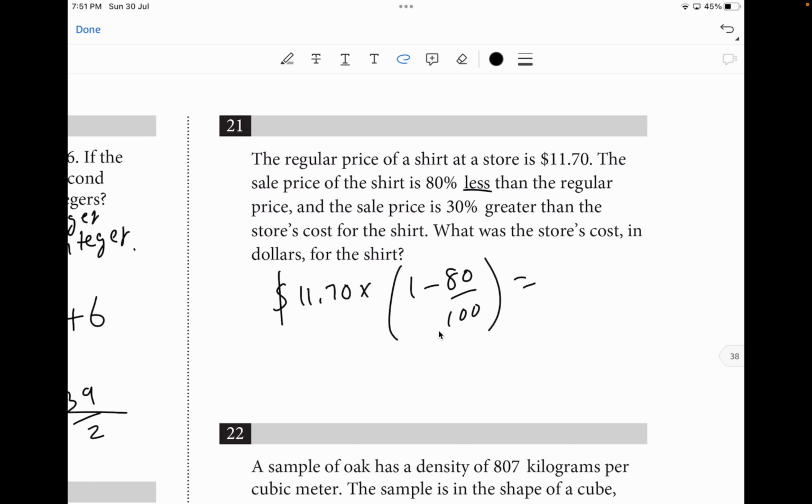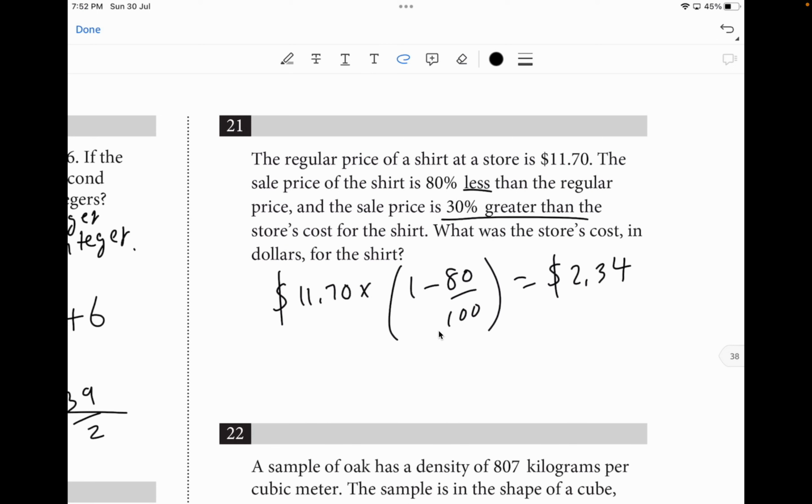When you substitute this value in your equation, you should be getting $2.34 as the equivalent. So now it's also given to us that the sale price of a shirt is 30% greater. Since this is greater, we can say that it's greater than the store's cost for the shirt.